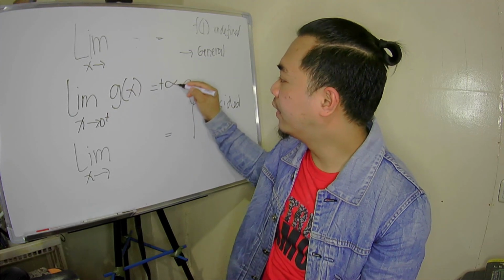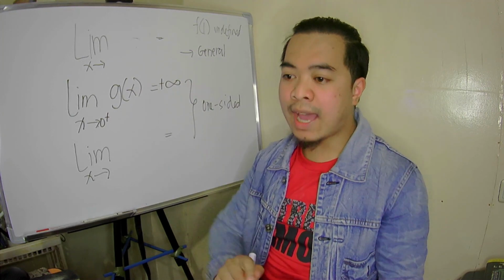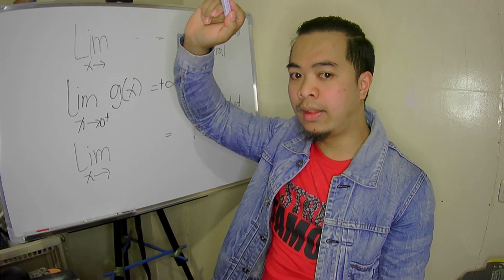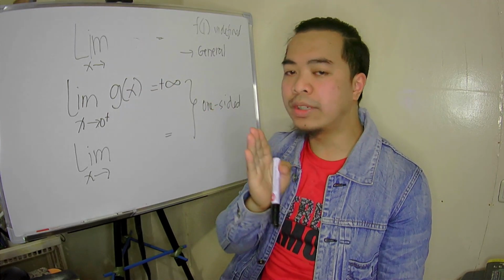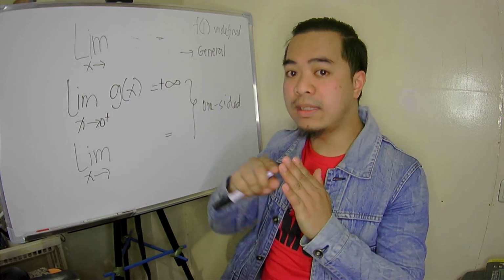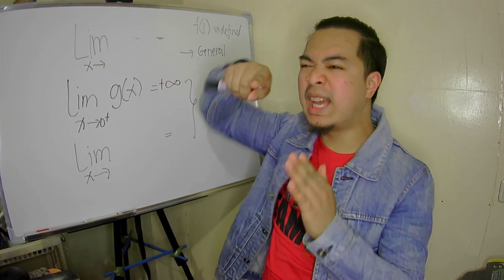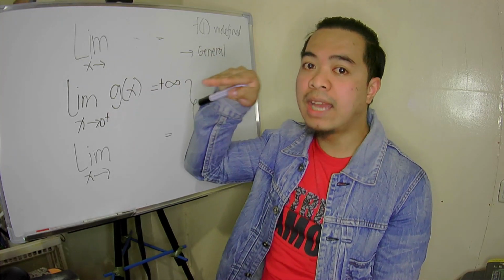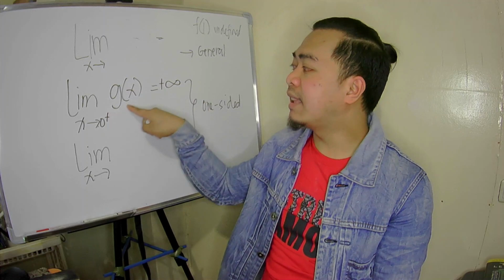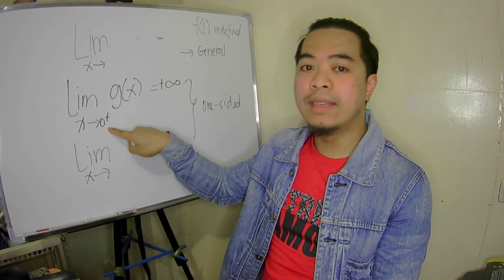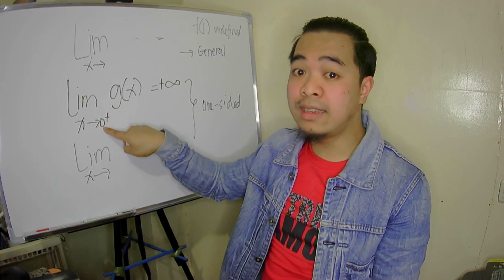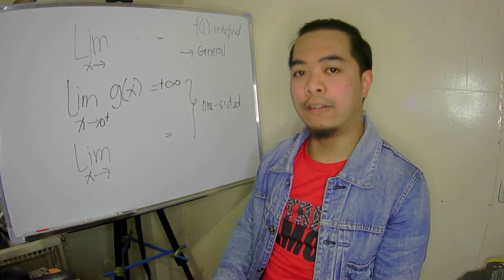Anong sabi nyo? G of x is approaching positive infinity. Tataas lang at tataas lang yon. It will try to get closer and closer to the y-axis. That means that hindi yun matatapos. Wala siyang particular na number na ina-approach. Tataas lang at tataas yung g of x kapag ilapit natin yung x sa 0 from the right side of it.